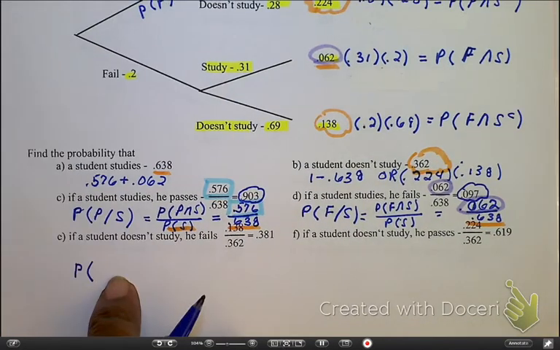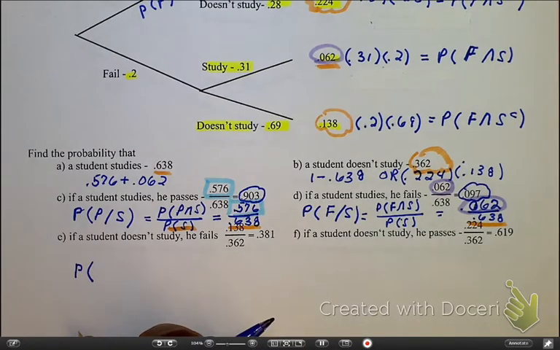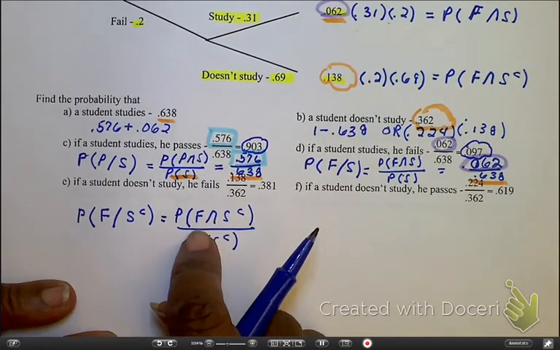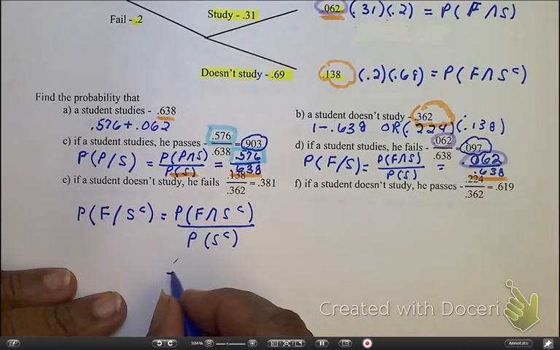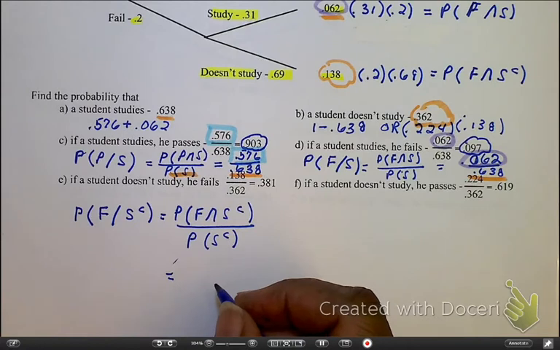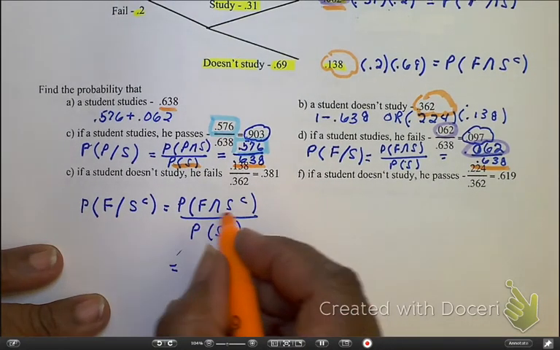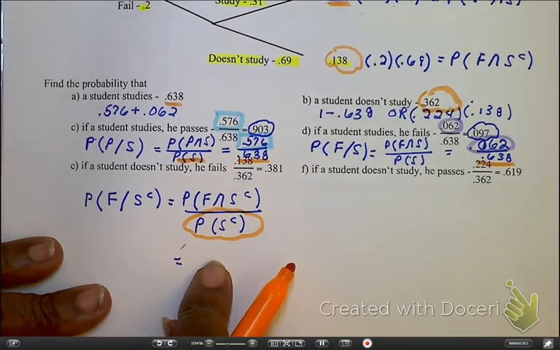Last, here I'm going to be looking for the probability of if a student does not study, he fails. So I've got the probability of failing and not studying over the probability of not studying. Remember not studying was found in question B in the orange cloud.